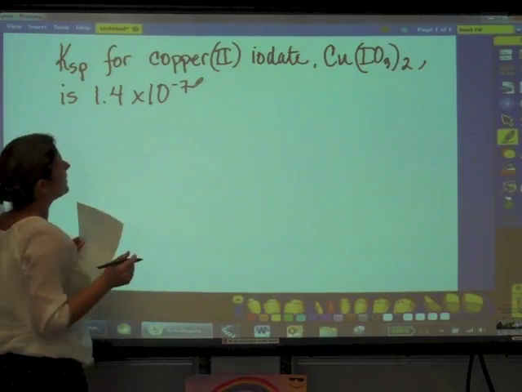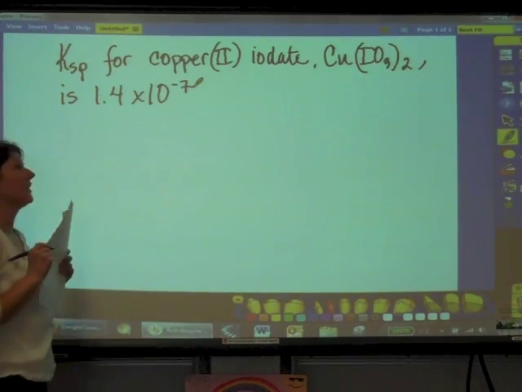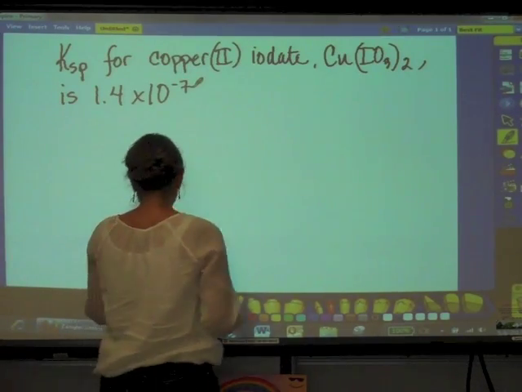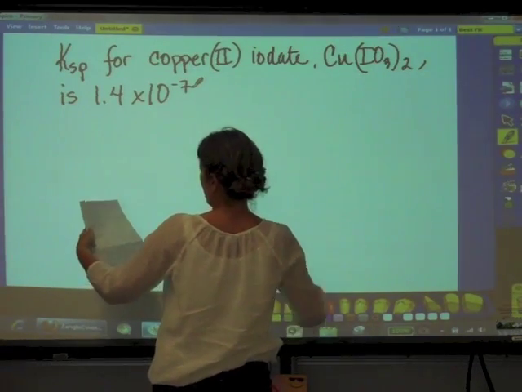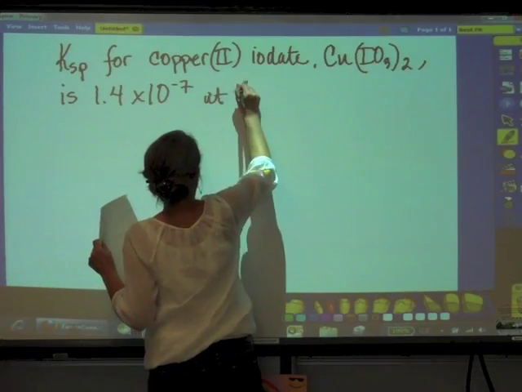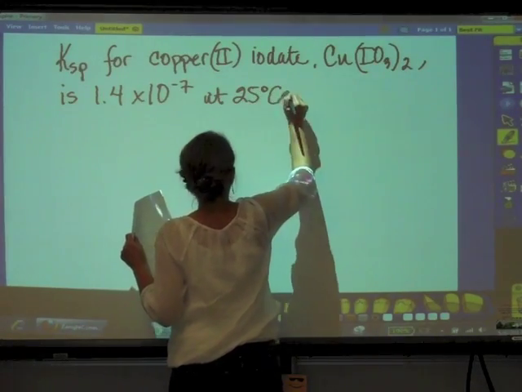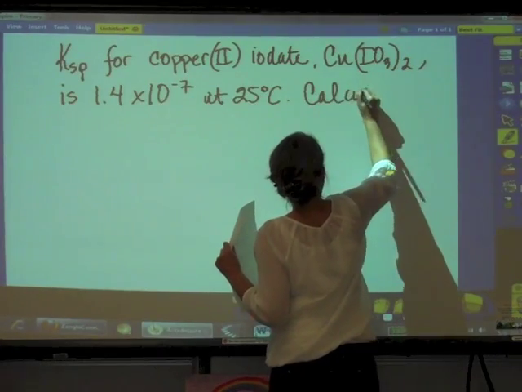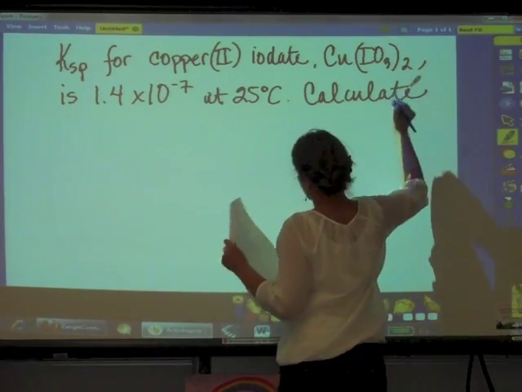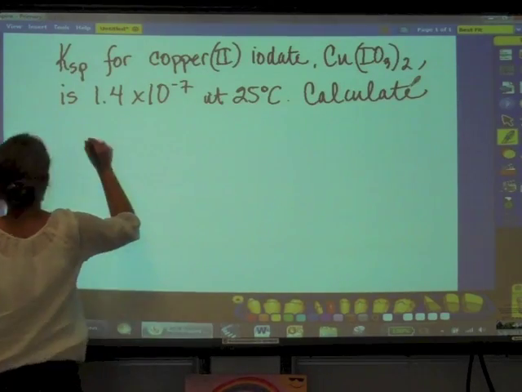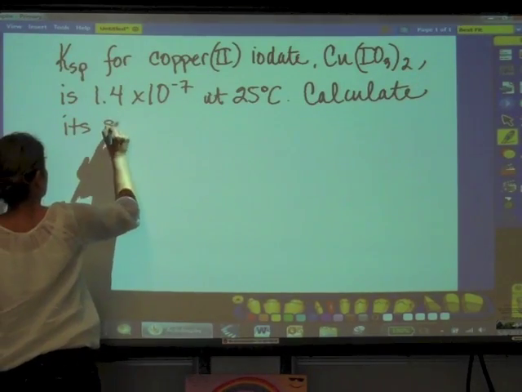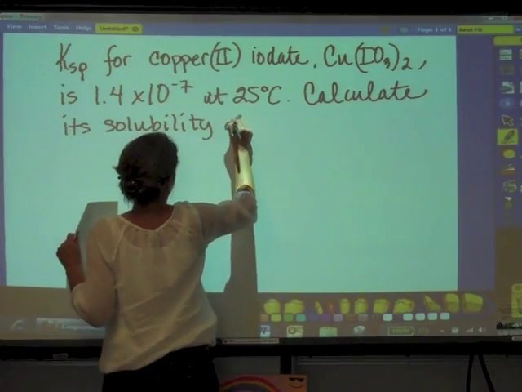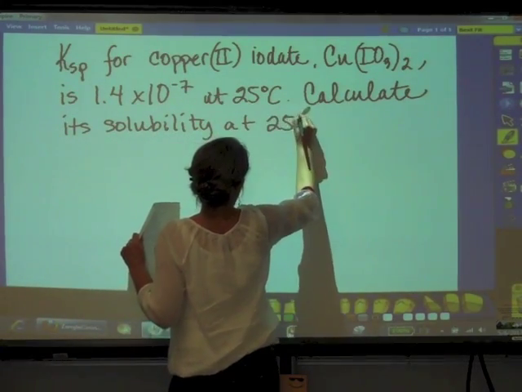So still we've got our equilibrium lying to the left, but it's certainly more soluble than that bismuth sulfide. At 25 degrees Celsius. Calculate the solubility at 25 degrees Celsius.